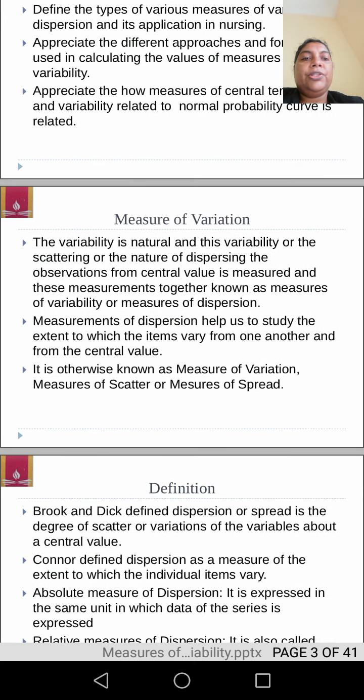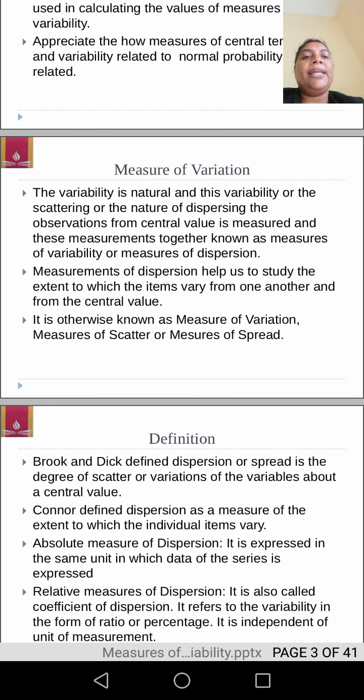It helps us to study the extent to which the items vary from one another and from the central value. It is otherwise known as the measures of variation or measures of scatterness or measures of spread.